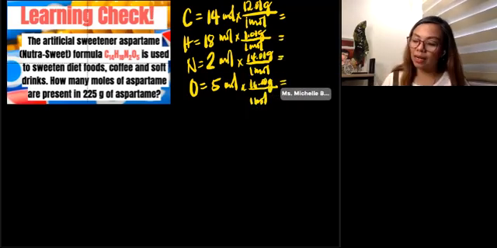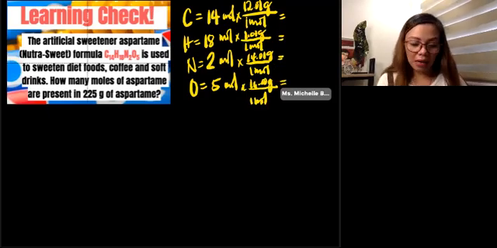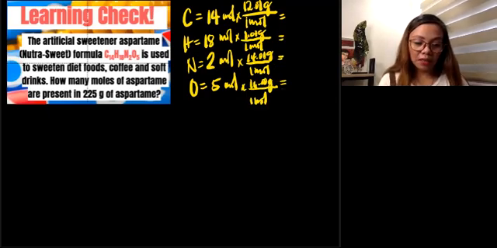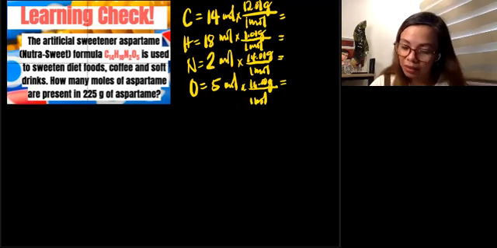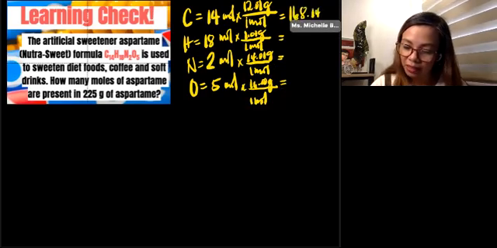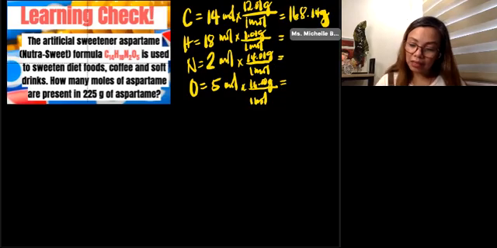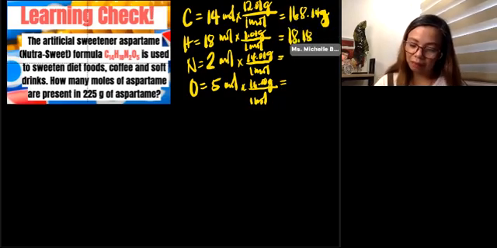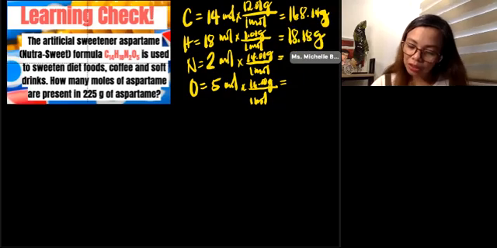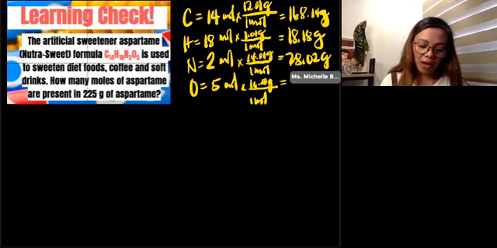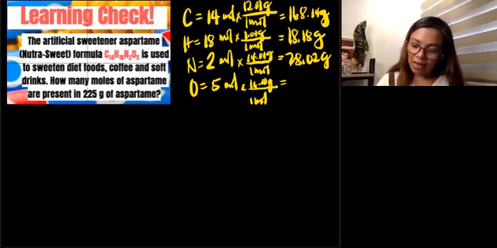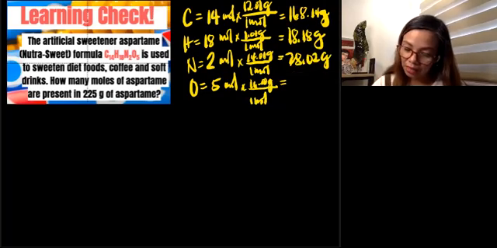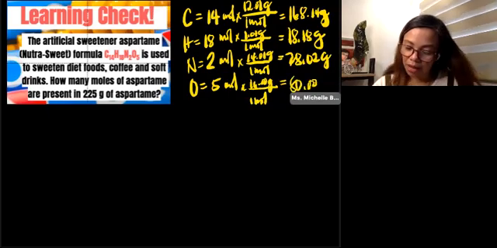Okay, let's do the calculation. 14 times 12.01 is equal to 168.14 grams. Okay, 18 times 1.01, 18.18 grams. Okay, so this is 28.02 grams, and we have 5 times 16, that is 80.00 grams.